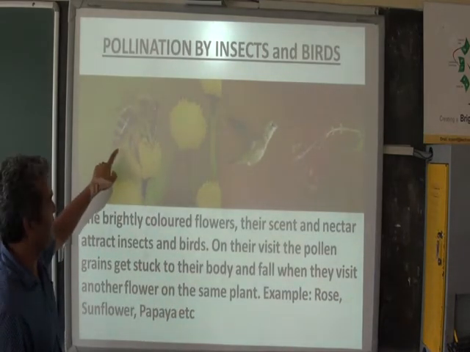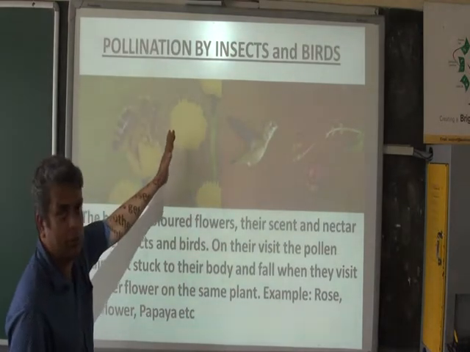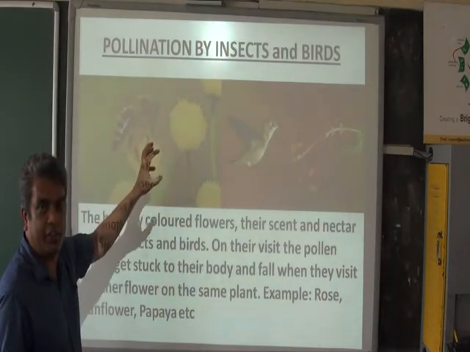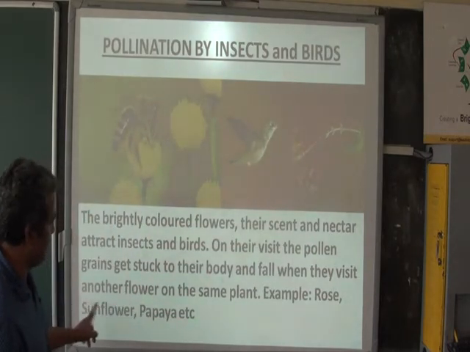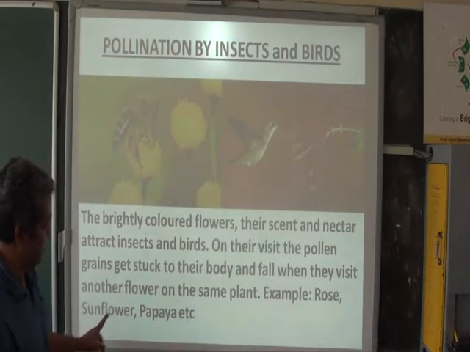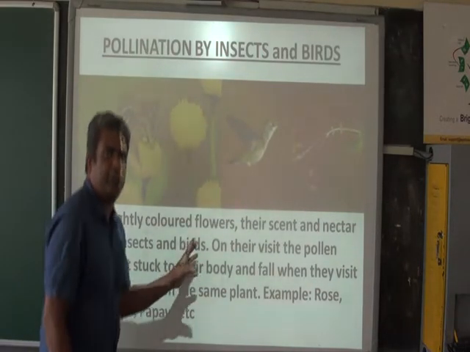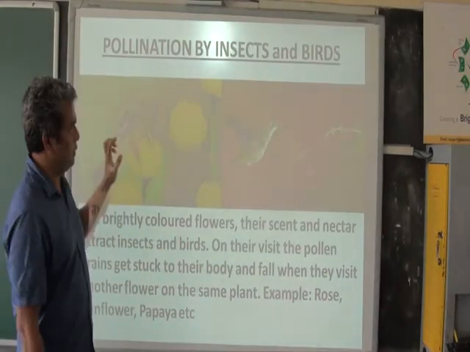The pollen grains getting stuck to the bee's body. And then when it visits another flower, as it shakes its body, it drops the pollen grains. Okay? When they visit another flower on the same plant, example, rose, sunflower, papaya. So these are different types of plants that get pollinated by insects and birds.